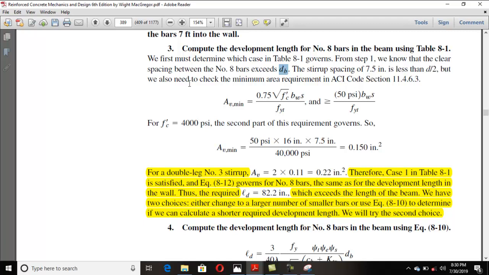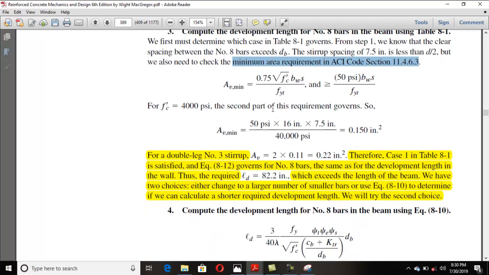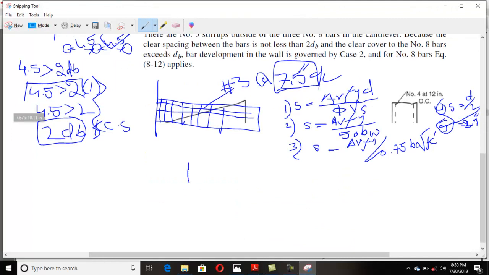But we also need to check the minimum area requirement in the ACI code, because we have to check the stirrup area Av, which is provided vertically to the bars. It is the beam cross section, and there are bars, and you basically provide the stirrups to these steel bars.